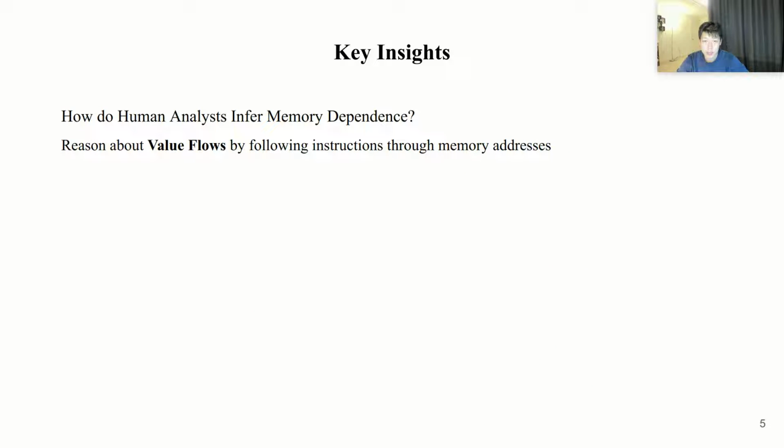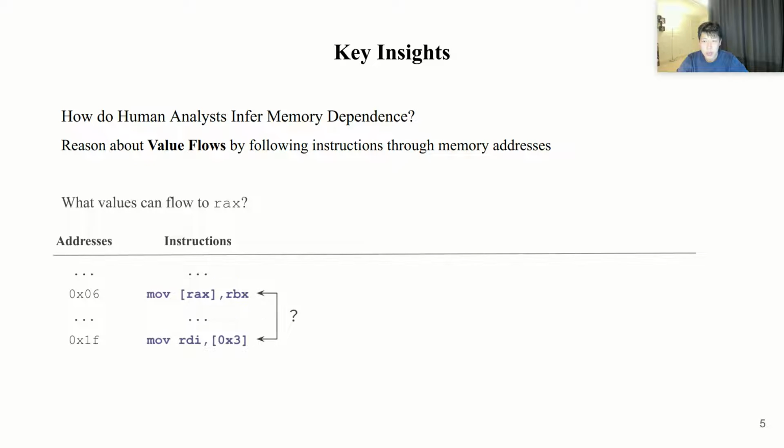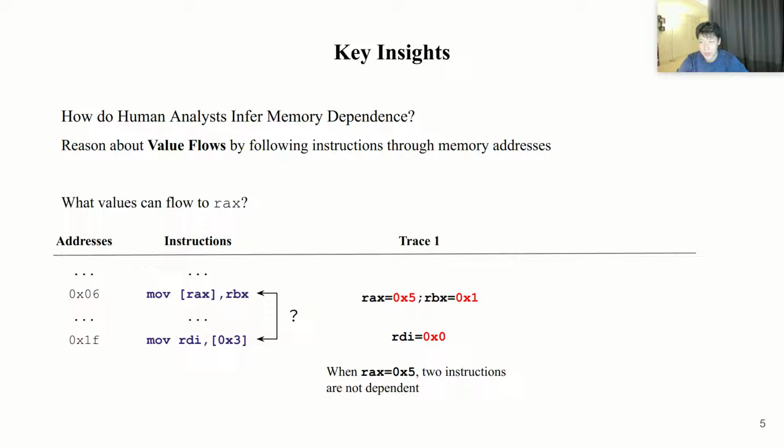Our key insight is to teach the machine learning model to reason about dynamic value flows, where it follows the instructions by applying the knowledge of the semantics of each instruction and computes what values can flow to certain registers and memory. For example, here, when performing value flow analysis on execution along one path, we might end up obtaining RAX to be 5.